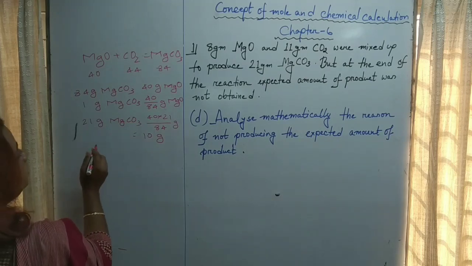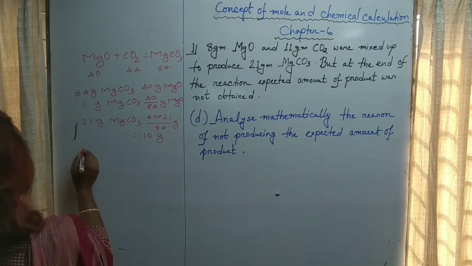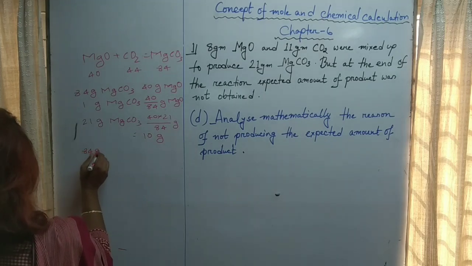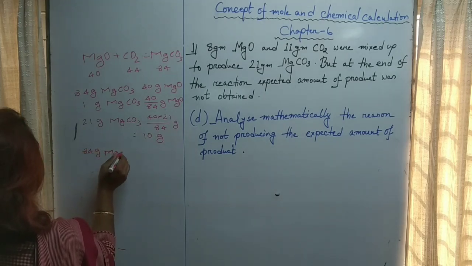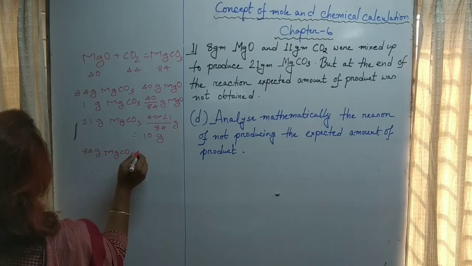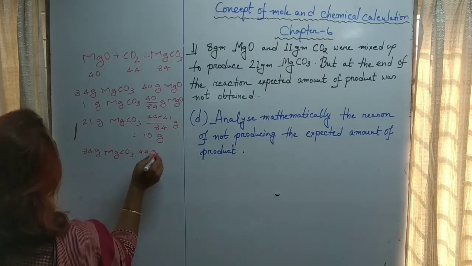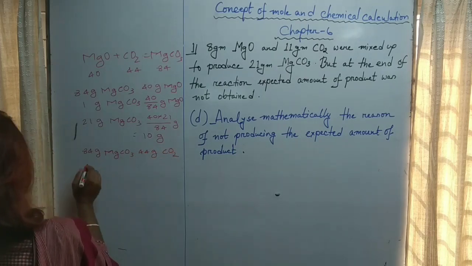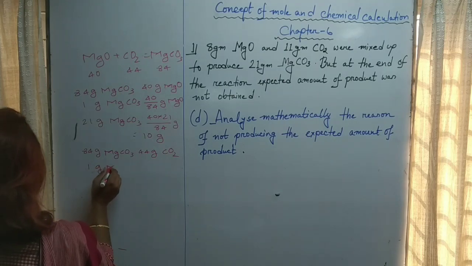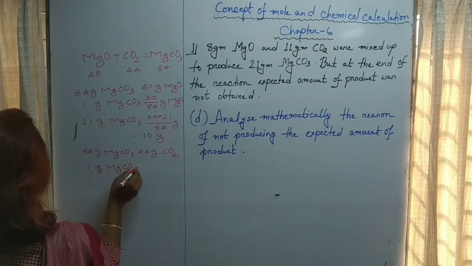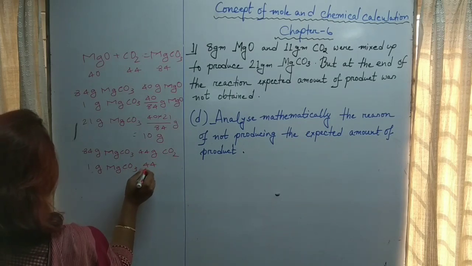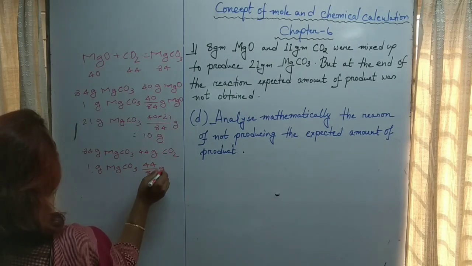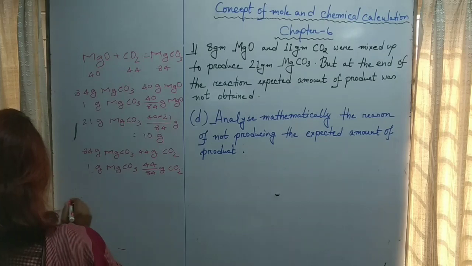Again, you can write that for producing 84 gram magnesium carbonate, 44 gram carbon dioxide is needed. For producing 1 gram magnesium carbonate, this gram carbon dioxide is needed.